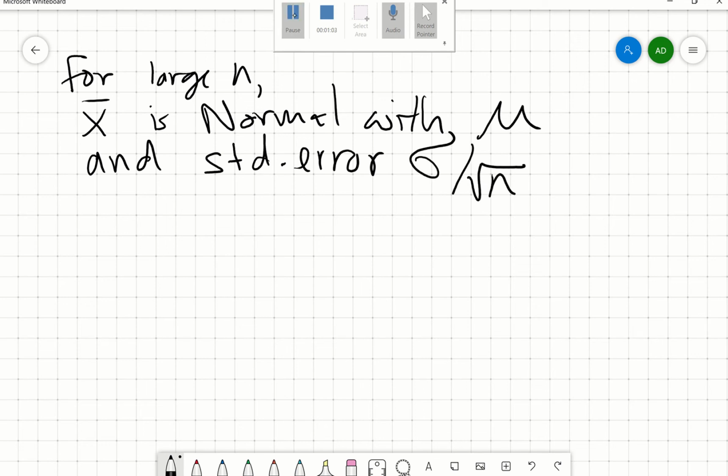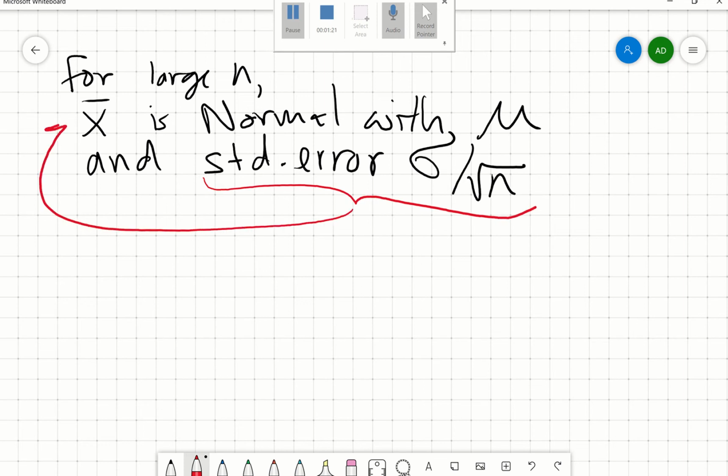Sigma is the population standard deviation, divided by the square root of the sample size, and you get the standard error. So standard error is simply the standard deviation of the variable sample mean.